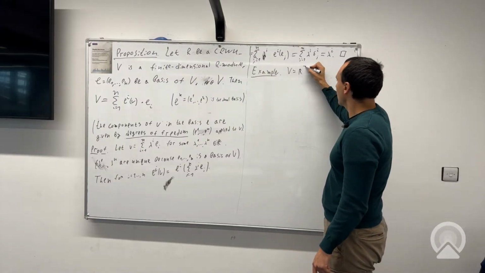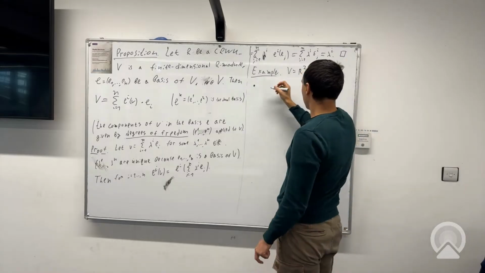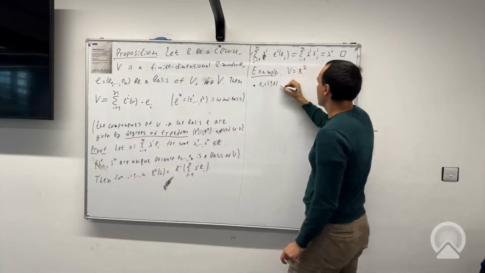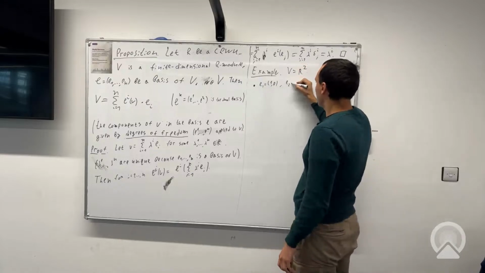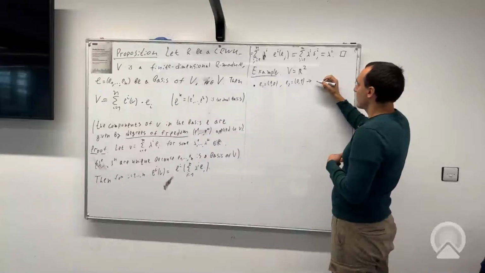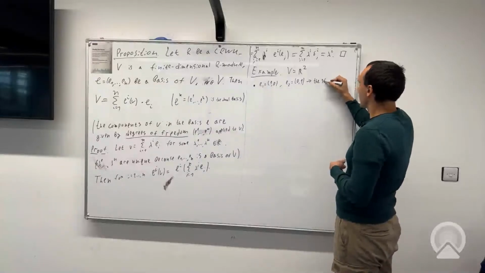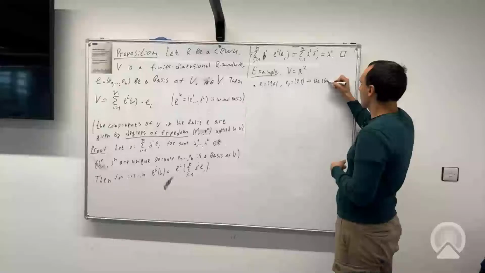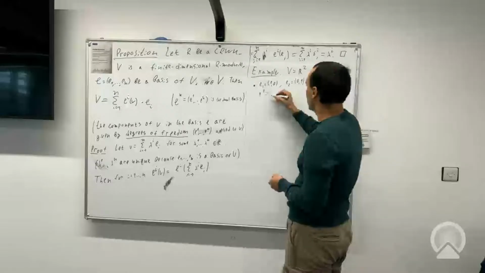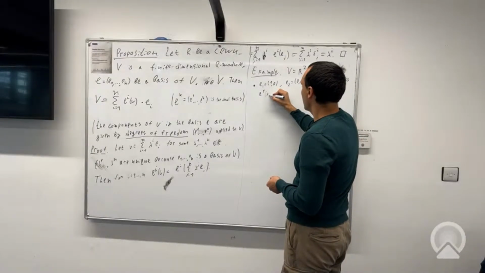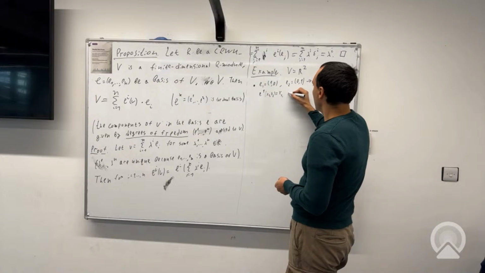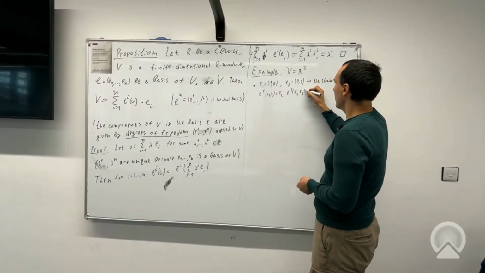So V is R squared, and for the trivial case we take the standard basis E_1 and E_2. Then E^1(x1, x2) is given by x1 and E^2(x1, x2) is x2.